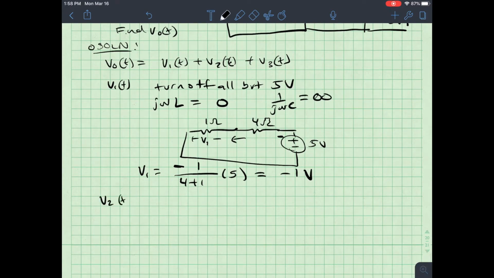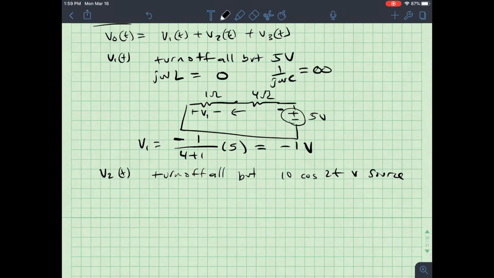I'm going to turn off all but the voltage source on the left-hand side, the 10 cosine of 2t volt source. And what I'll do is I'll do the phasor transform here. So I've got 0.1 farad. That becomes 1 over j times 2 times 0.1. Which is the same as 1 over j0.2 or minus j5 ohms.